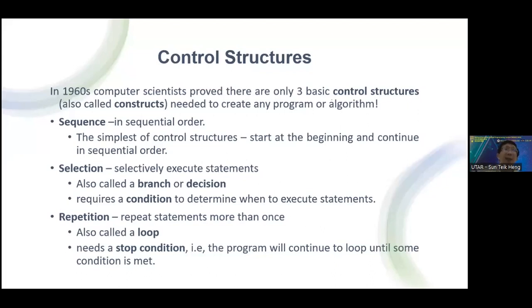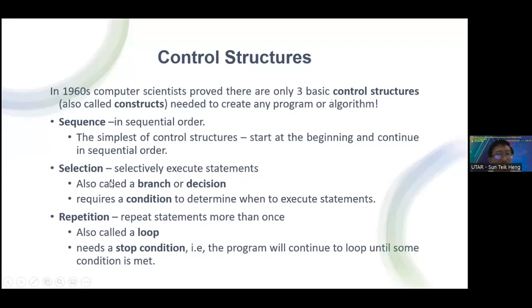There is a proper sequence here, right? I must do step 1 before I can do step 2. I have to perform step 2 first before I can perform step 3. So there is a sequential order. And every program must have sequence. In fact, it's the simplest control structure. So you do one step after another in a sequential order.